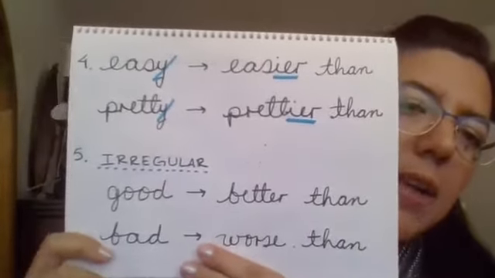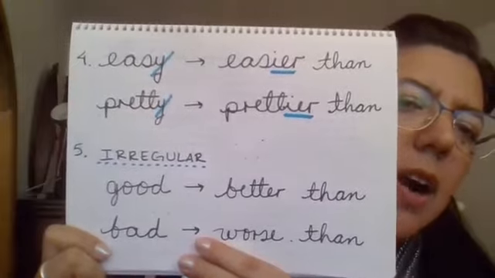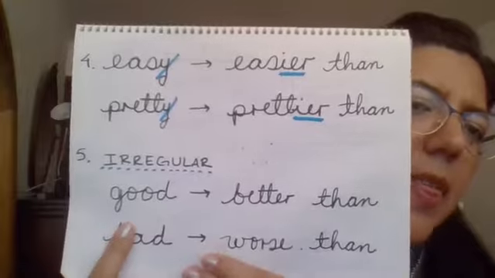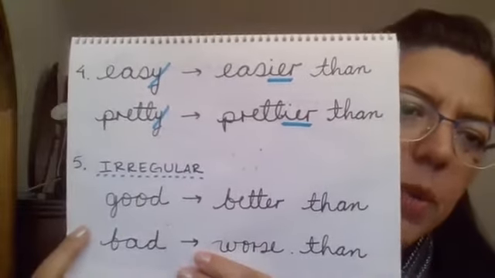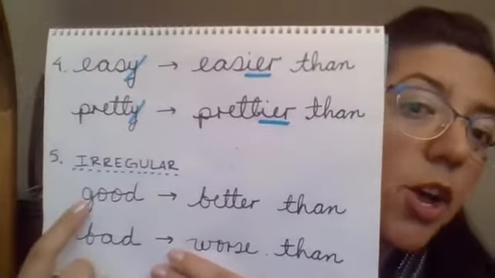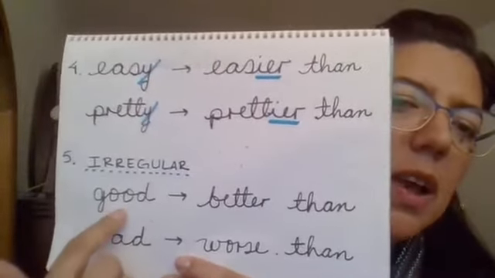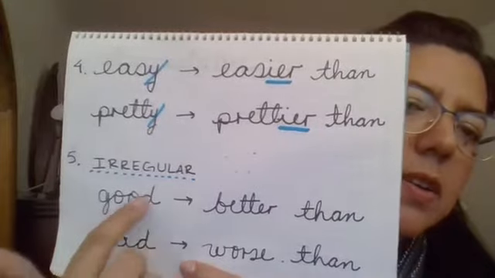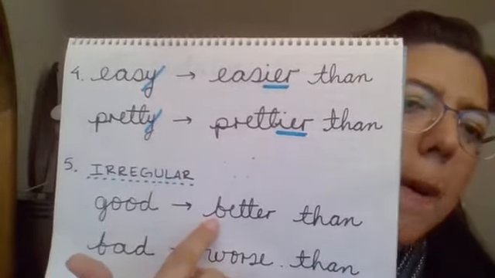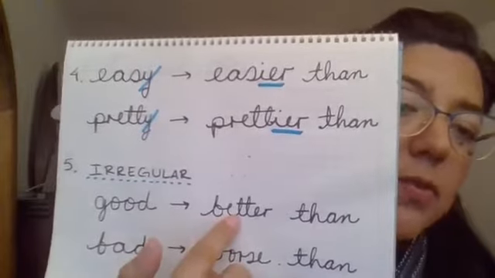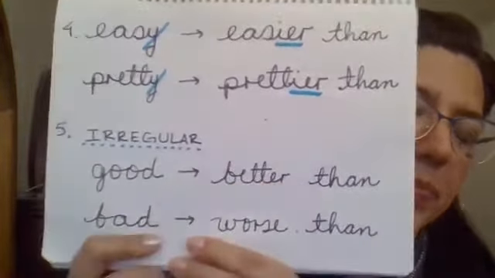Finally, we have some adjectives that are irregular, okay? The most important irregular adjectives are good and bad, the opposites. Good changes to better than. It's another word. This is the adjective, good, comparative form, better than.